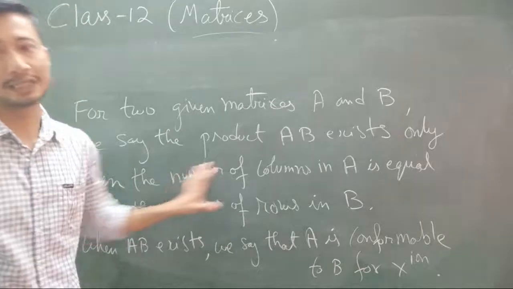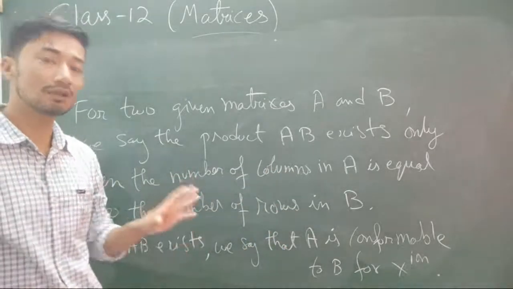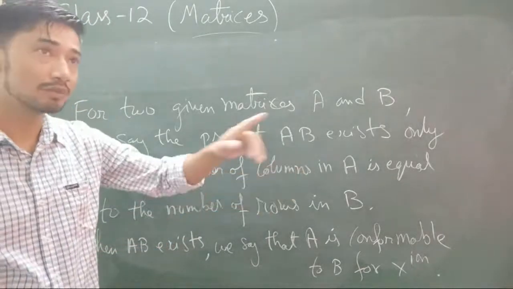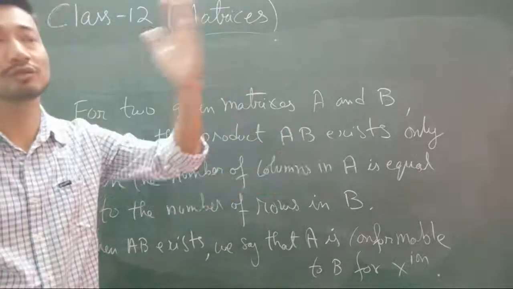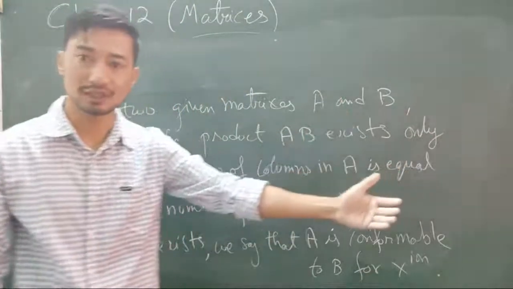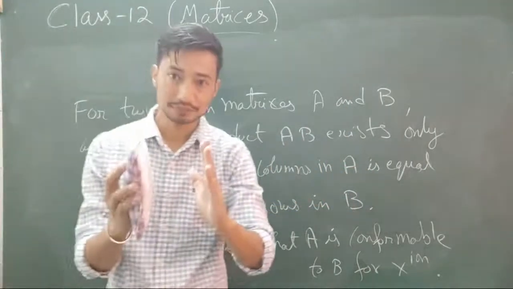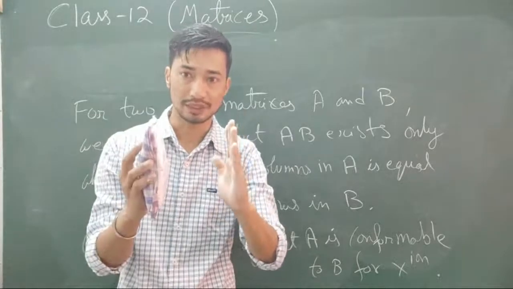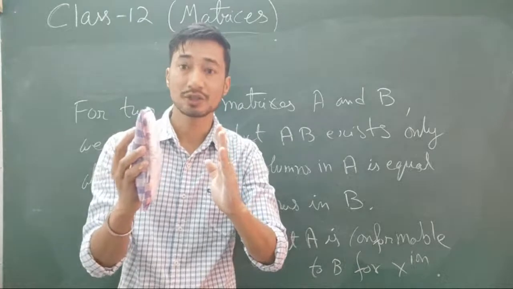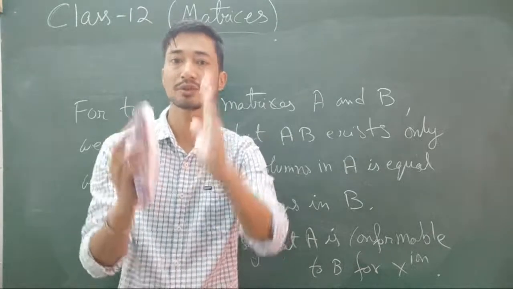But technically, this is the definition which we are supposed to know. When the number of columns in the first matrix is equal to the number of rows in the second matrix, then we can multiply the first matrix with the second matrix. Columns, rows.